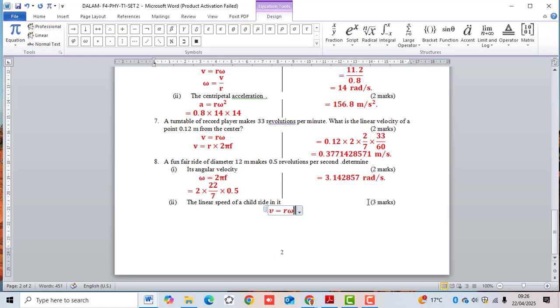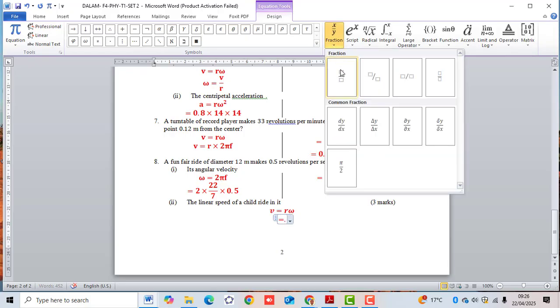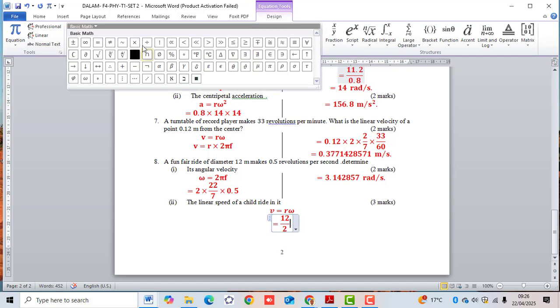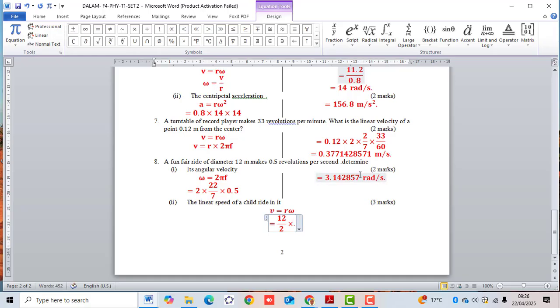Then from that, I just substitute our radius. Instead of radius, they gave us the diameter. And radius from diameter is diameter divided by 2, which is 12 divided by 2. Then I multiply by our omega, which we got in part A as this one.